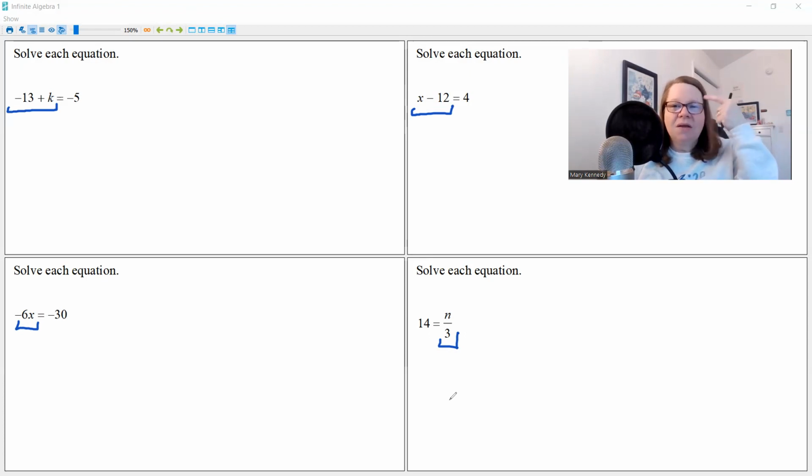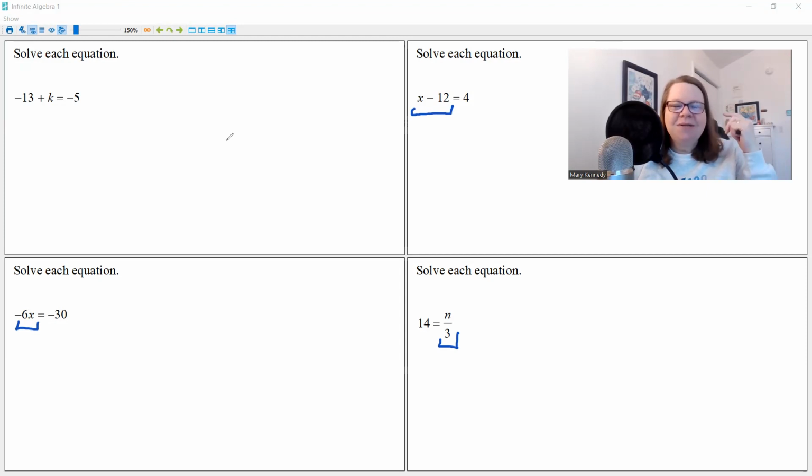Now, in my brain, I'm going to do it out loud for you, but if I was sitting in class, I would do this in my head. I'm going to read just that side. I don't care about the other side right now. So the first one says negative 13 plus k. I'm adding to k.